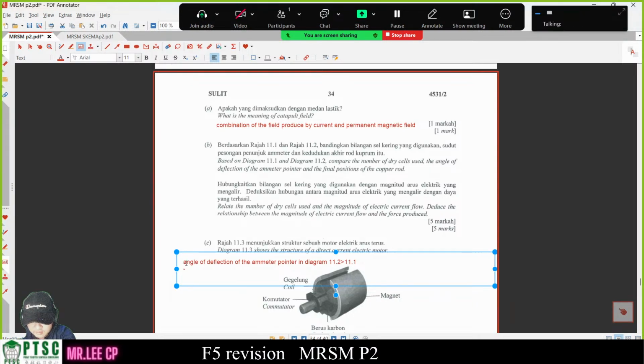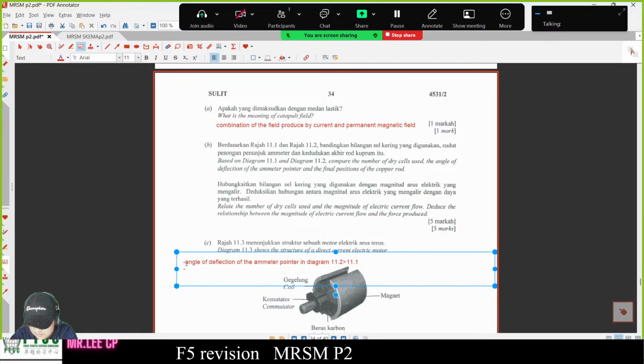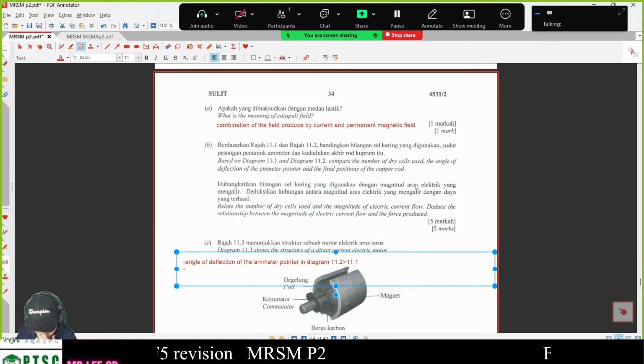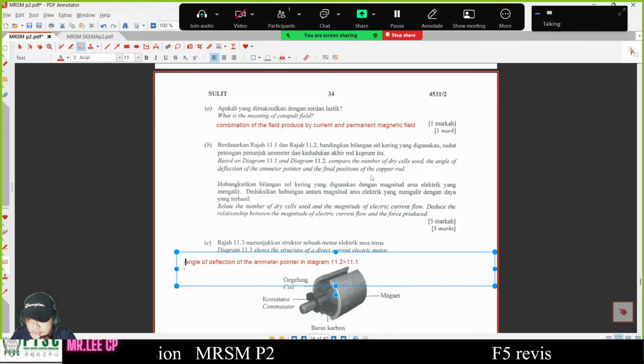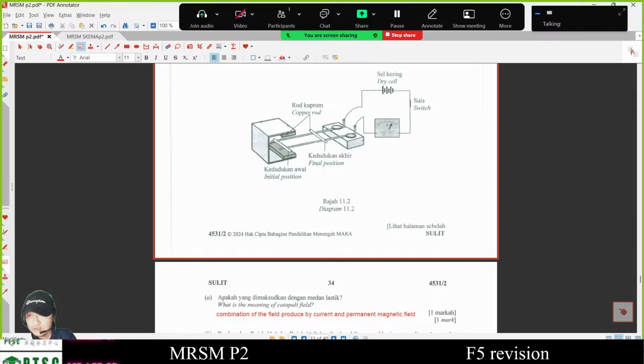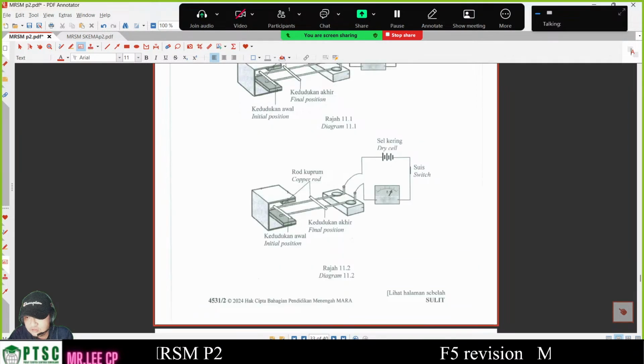Next one. Final position of the rod. Final position, this one is far, this one is near.